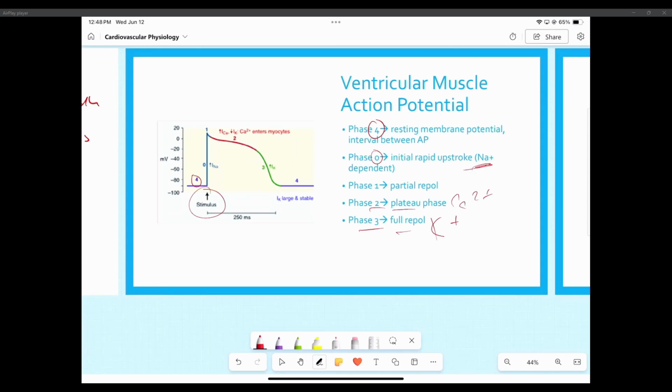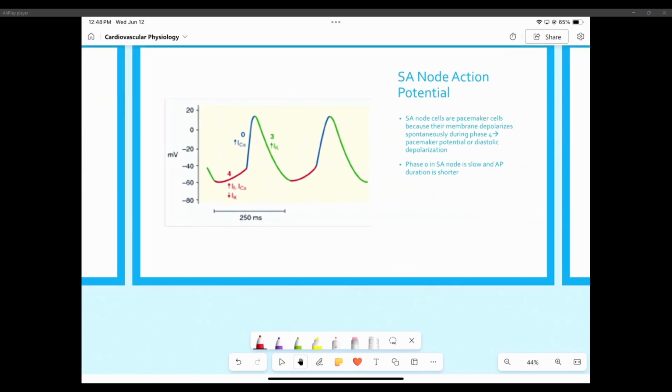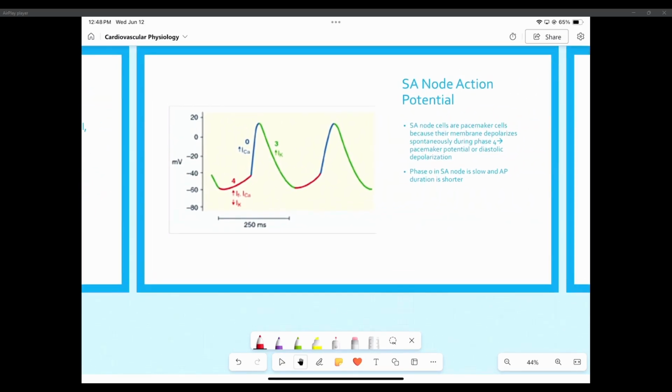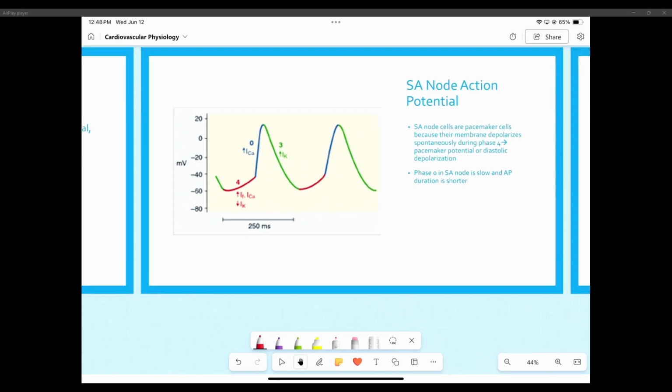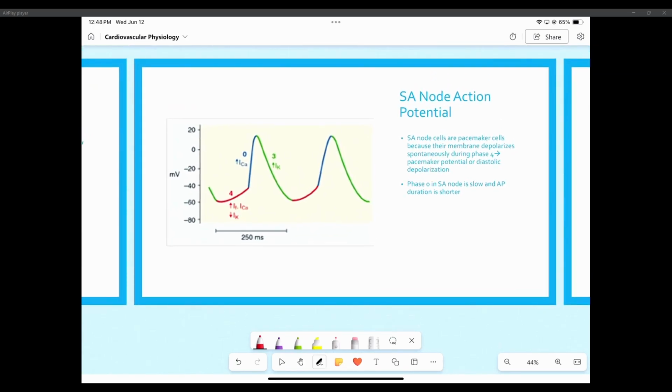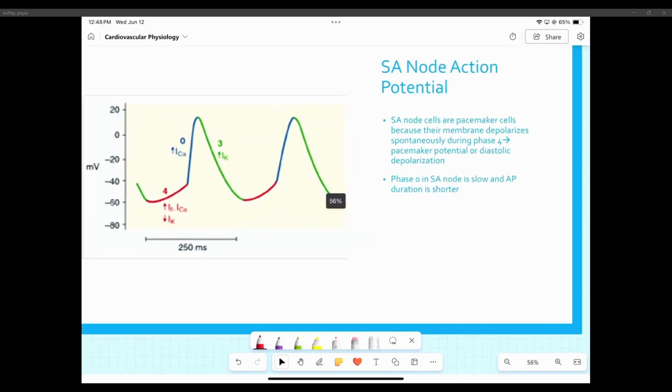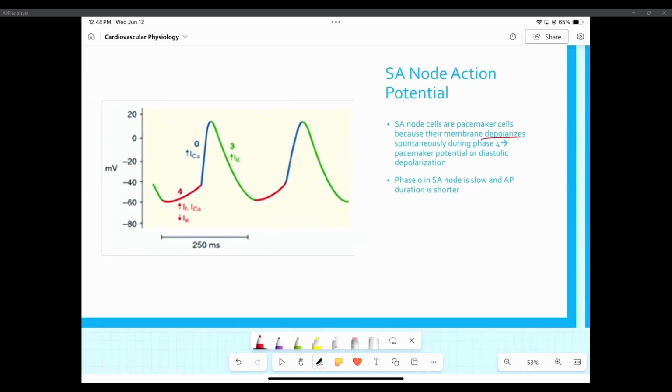When you get to the autorhythmic cells, here's your SA node. SA node, you don't need to know the phases as much as you do for the ventricular one. The important thing about the SA node potentials, they depolarize spontaneously during phase 4.